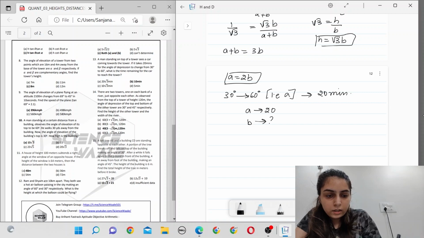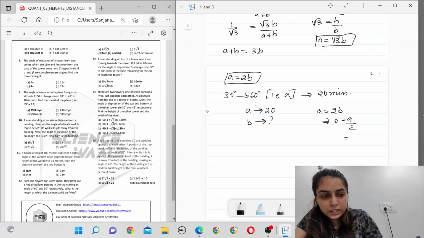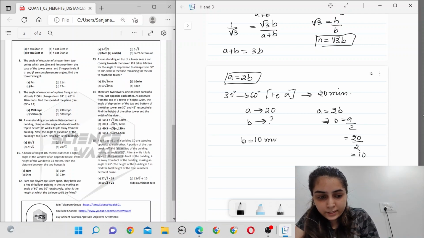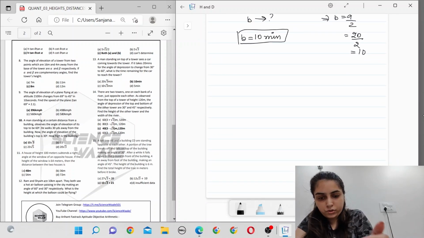So a is equal to 2b, so that implies b is equal to a by 2. a is 20, so 20 by 2 will be 10. So it takes 10 minutes to reach the tower. And that's the answer for your question.